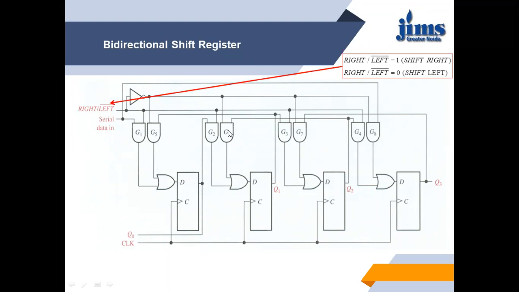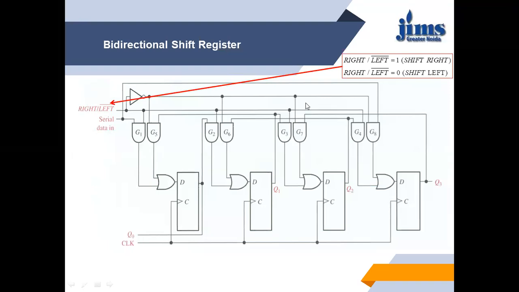And whenever an active clock is given, it travels from G6 to the OR gate to Q1, and again Q1 goes back to G5. It goes from G5 through the OR gate. Then here is your data out, that is Q0.